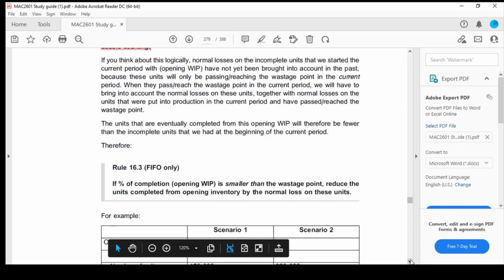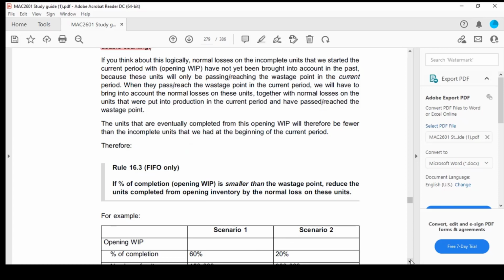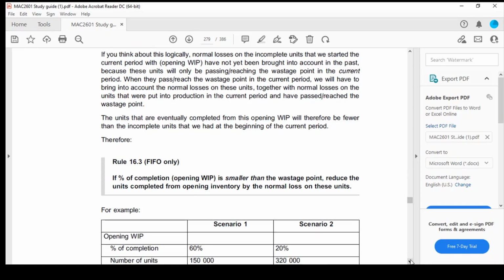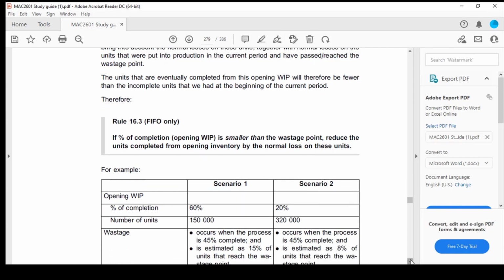If you think about it, normal loss on incomplete units that we started the period with has not been brought into account in the past, because they only went through loss in this period. When they pass the wastage point this year, they will have a normal loss. Let's continue.